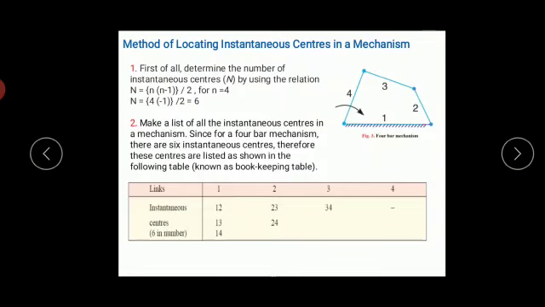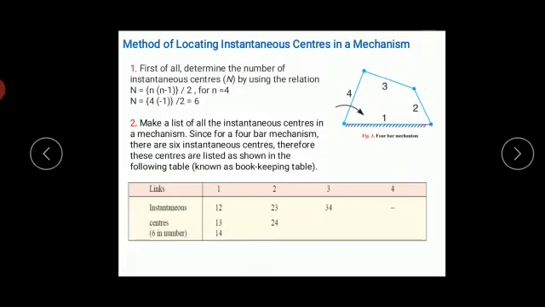So we are having 4 links. Write these 4 links as shown in the table here. With respect to link 1, we can write instantaneous centers as I12, next I13 and I14. With respect to link 2, it is I23, I24, and with respect to link 3, it is I34.